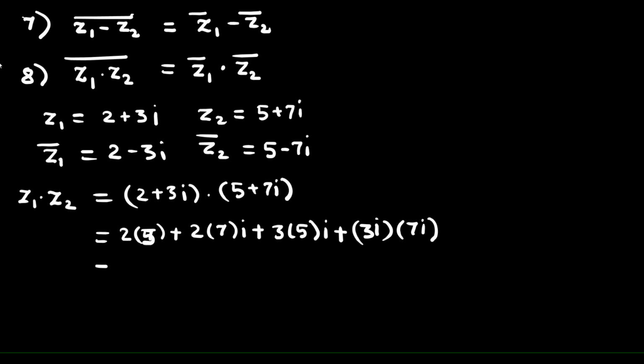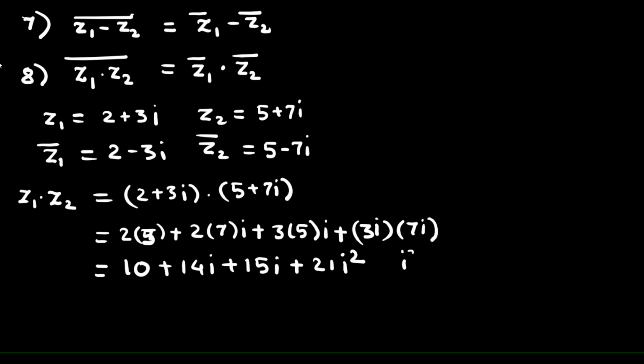So we get the result: 10, then plus 14i, then plus 15i, and then plus 3 times 7 is 21 and then i square.